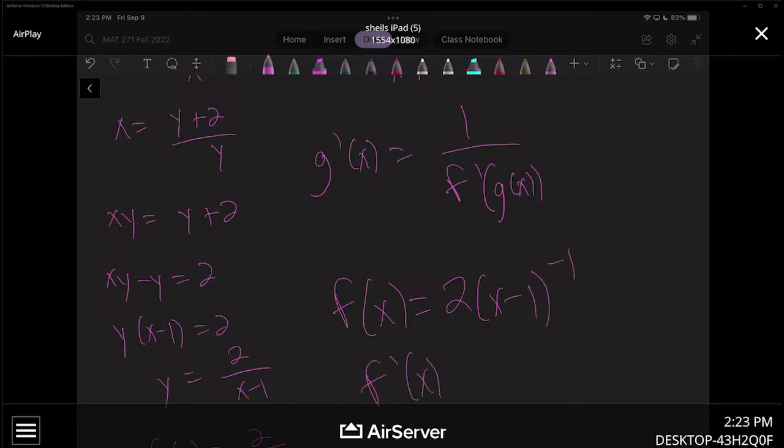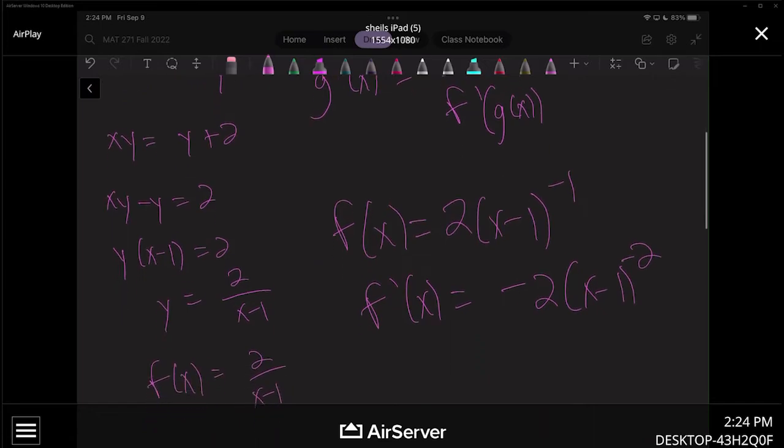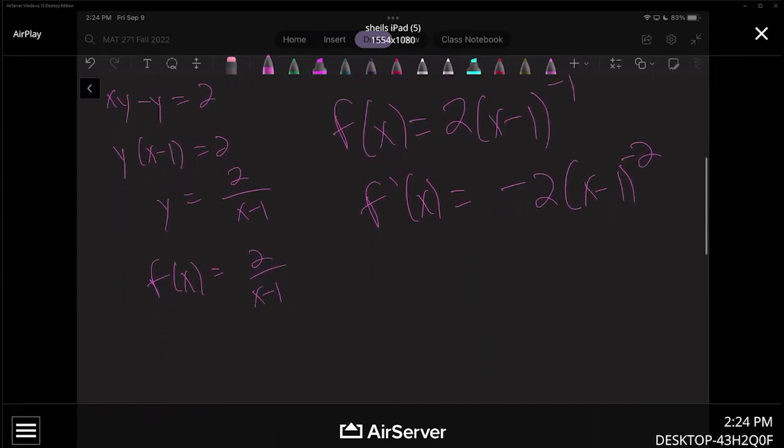So f prime of x is negative 2 times x minus 1 to the negative 2. So f prime of x itself is negative 2 over x minus 1 squared.